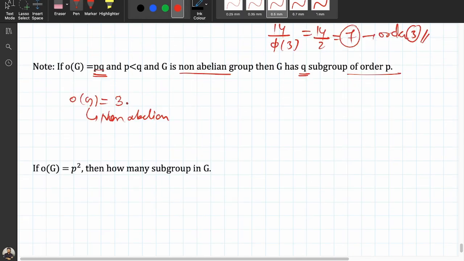So 3 into 2, and 2 is less than 3. It means Q subgroups, that is 3 subgroups of order 2 are there.